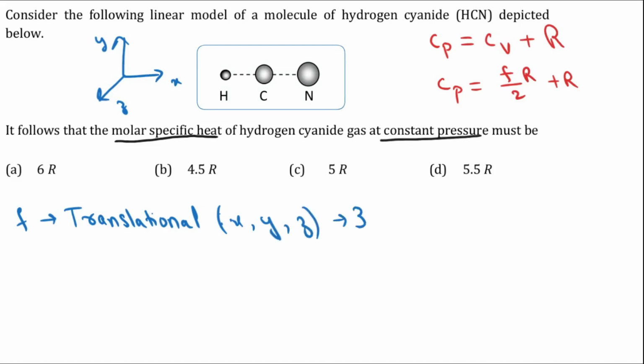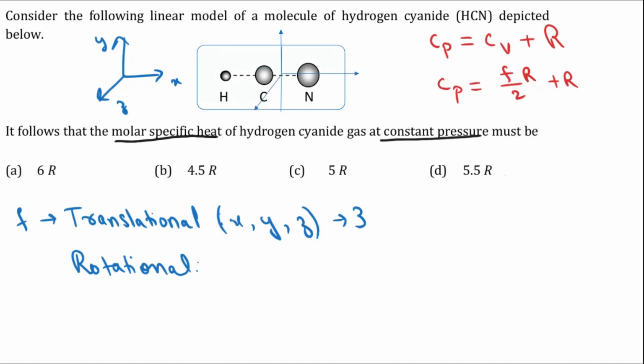And next is rotational. Now here, if you put in the x-axis, the y-axis and the z-axis, the molecule, if it rotates around the y-axis, it can go this way. That is 1 degree of freedom. If it rotates this way, it is exactly symmetric, so we can't count this as a degree of freedom.